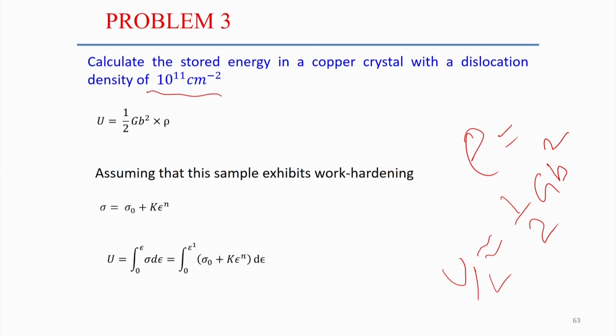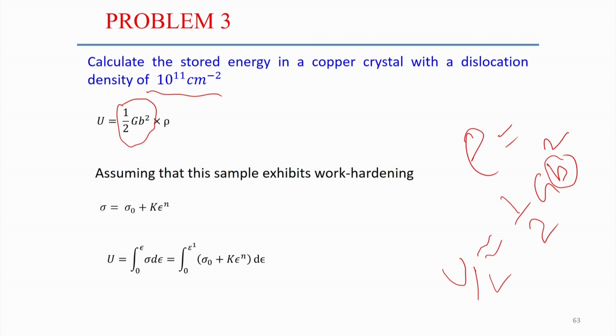Once we estimate b for copper, you can easily estimate the Burger's vector b, and from there we can find out the dislocation energy per unit length. So 1/2 G b square is actually the dislocation energy per unit length.